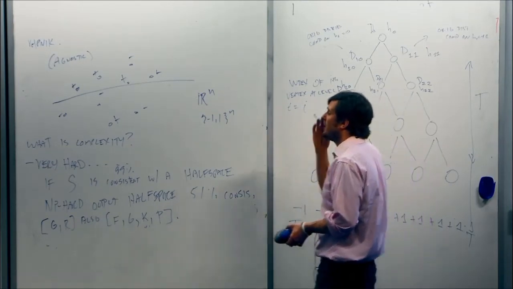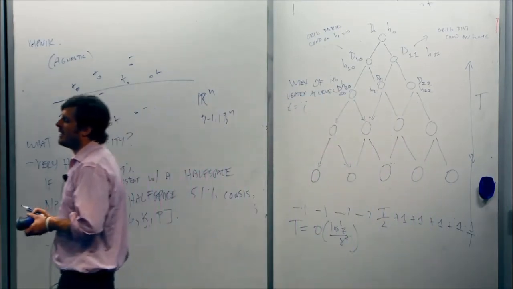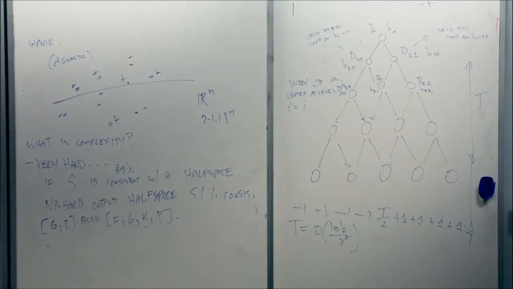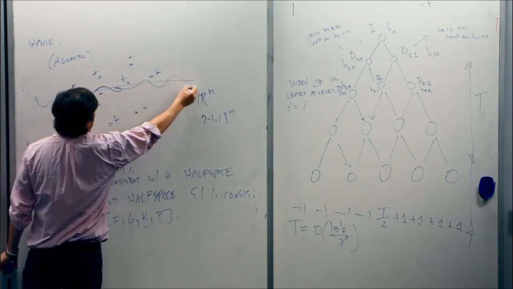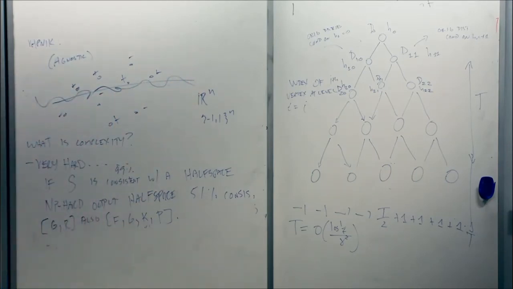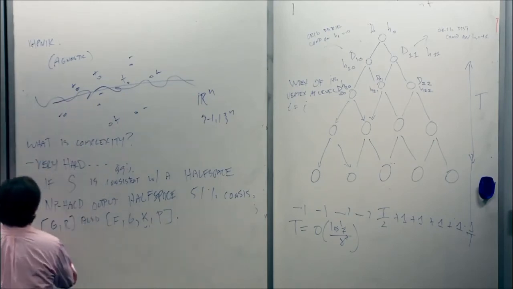And then you might say, well, okay, I don't care if you output an actual hyperplane. I'm okay if you output something odd, some weird geometric concept, or even a circuit that encodes some weird geometric concept, as long as the error of this hypothesis that you output is competitive with the best fitting hyperplane. And this problem is cryptographically hard.